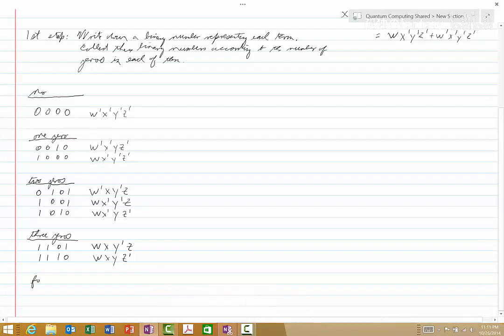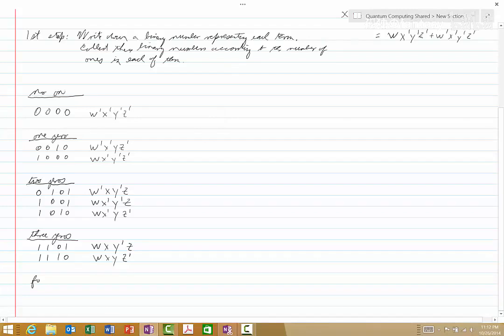Okay, sorry about that. I guess I was on autopilot, because what I should have said here is that everything has been done correctly. I just didn't label it correctly. You're collecting these numbers according not to the number of zeros, but according to the number of ones.